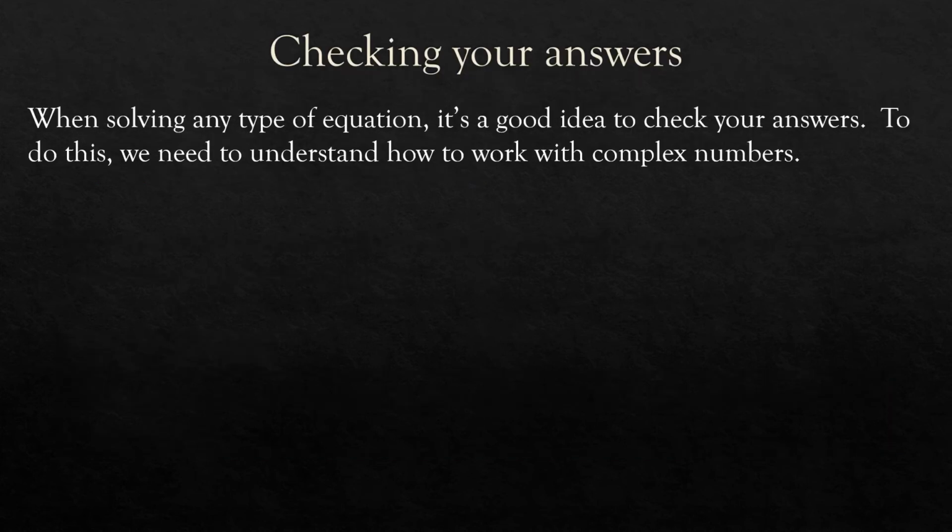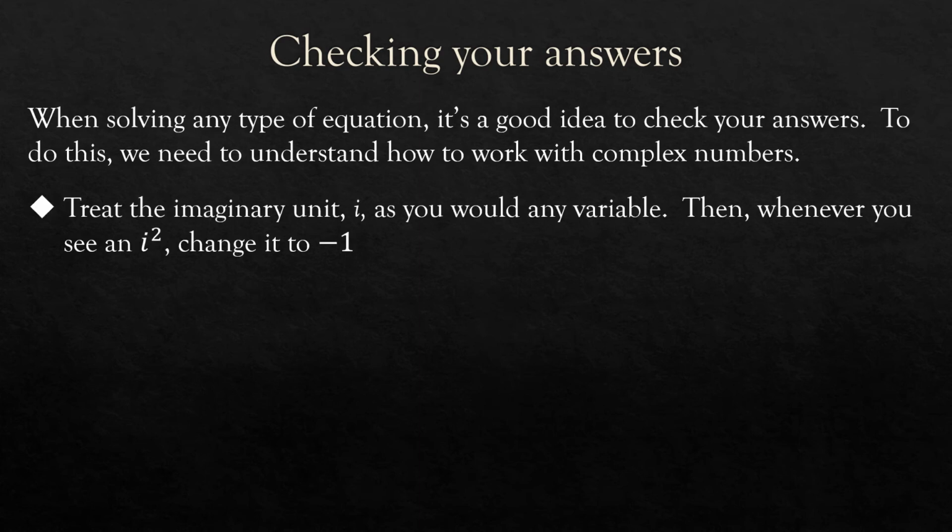So how do we go about checking our answers if we have a complex answer? We know that when we solve any type of equation, it's a good idea to check our answers. So to do this, we need to understand how to work with complex numbers. The basic idea is to first treat the imaginary unit i as we would any variable.